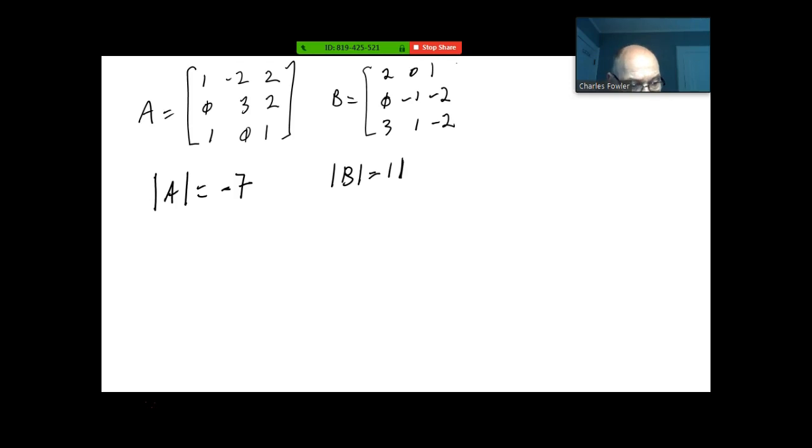Now what we want to do is get the matrix product of these two matrices. So let's do the product of A times B. I wish there was a student here so I don't have to do all the work. You can multiply A times B because A is a 3 by 3, B is a 3 by 3, and the product is going to be a 3 by 3.